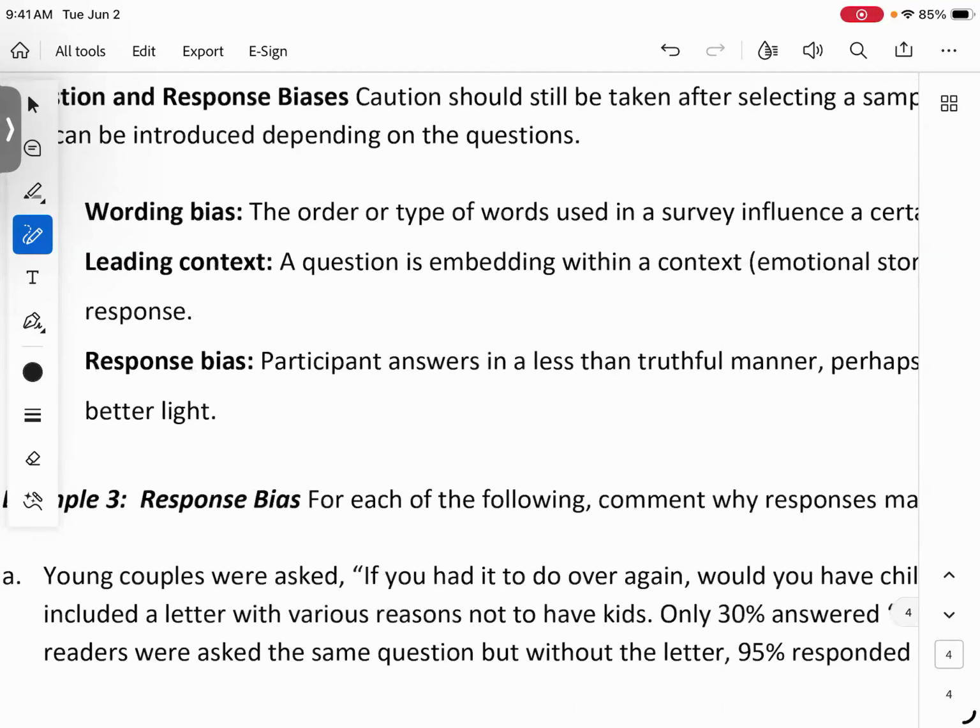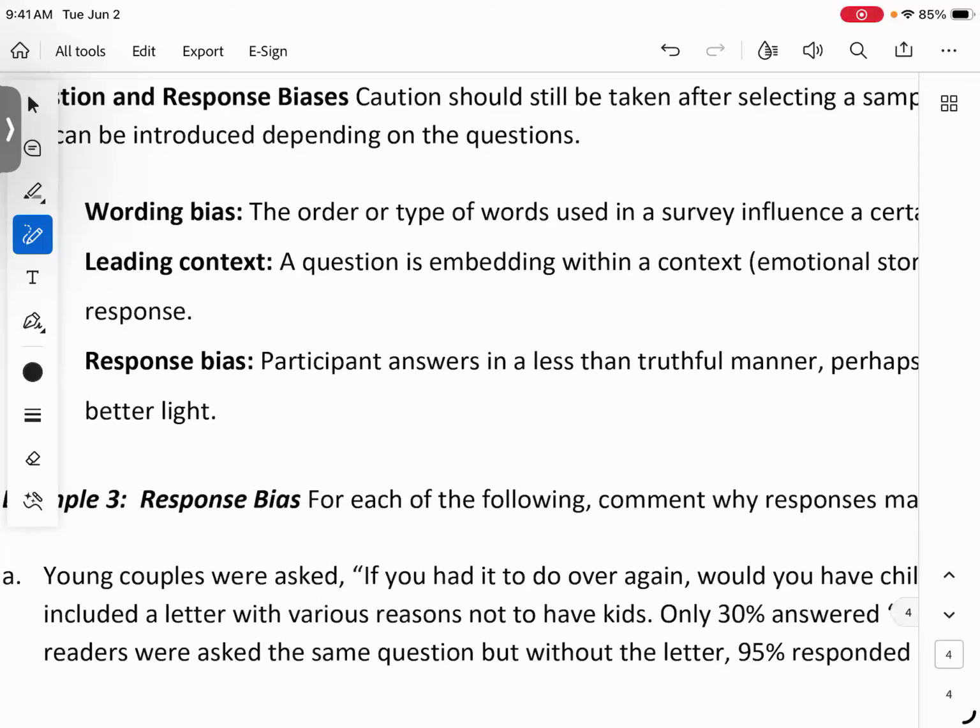Again, just kind of read through these. Wording bias is that there might be a specific word or phrase that either gets people angry or makes them feel that if they don't respond a certain way, they're not intelligent somehow.